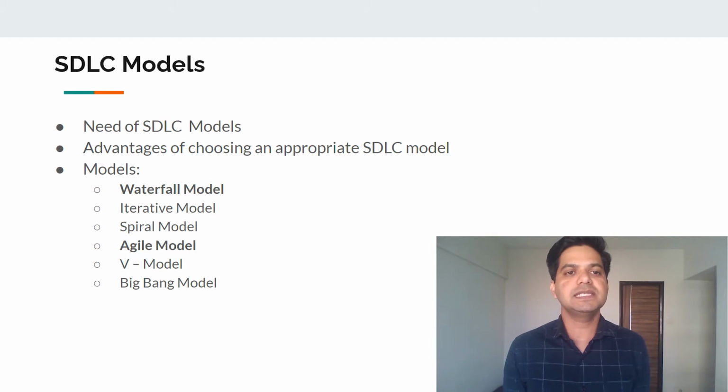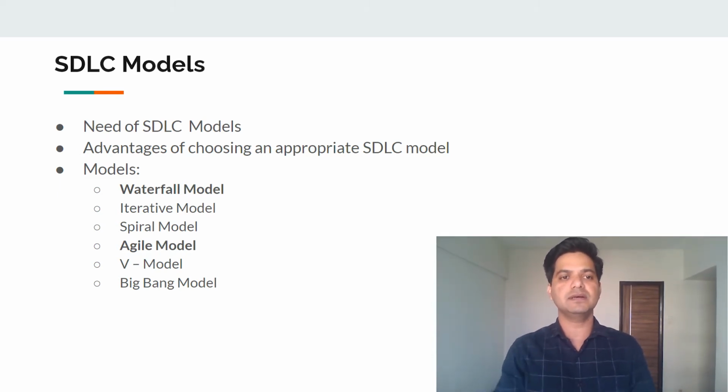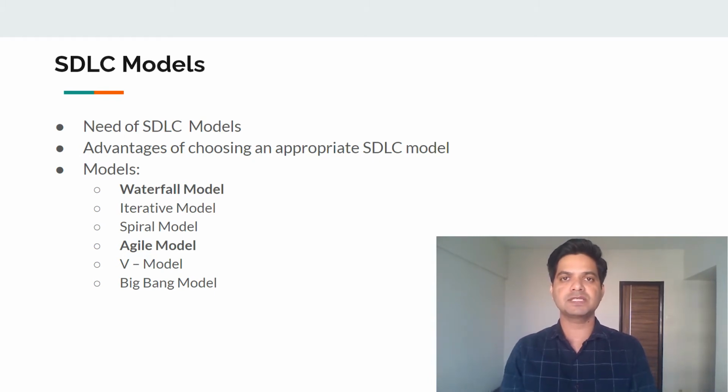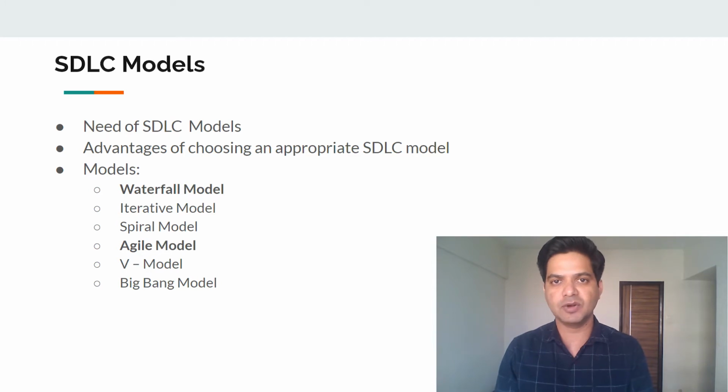Then what are the advantages of choosing an appropriate SDLC model? There are a few advantages which are very important in developing a software application. Because of the SDLC model, the development speed definitely increases. Then there is confidence, as well as product quality. Product quality will be good if we follow the SDLC models.